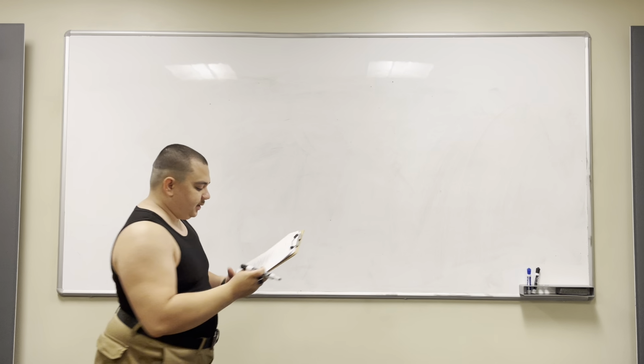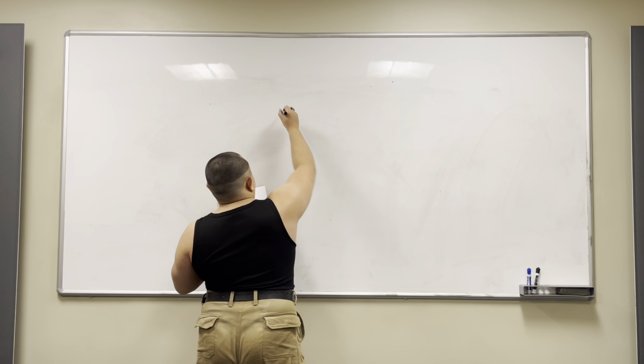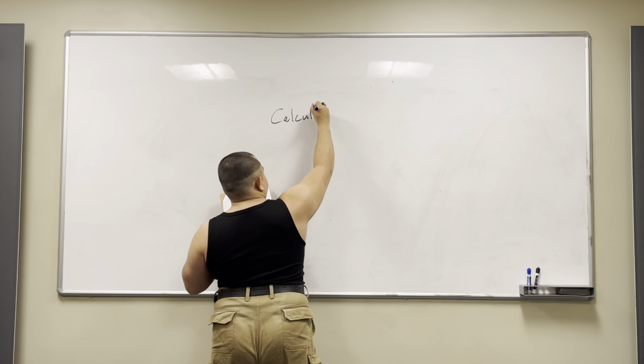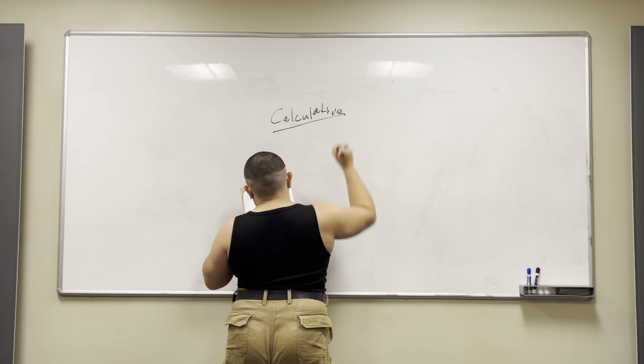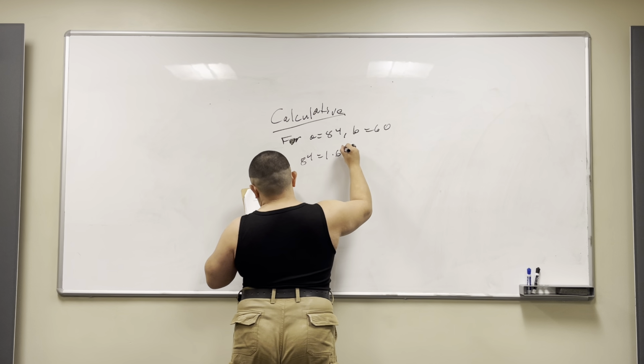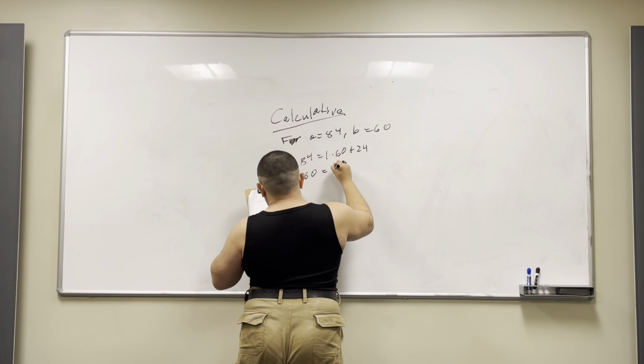Now let's look at another calculation. For A equal to 84 and B equal to 60: 84 is equal to 1 times 60 plus 24, 60 is equal to 2 times 24 plus 12, 24 is equal to 2 times 12 plus 0.